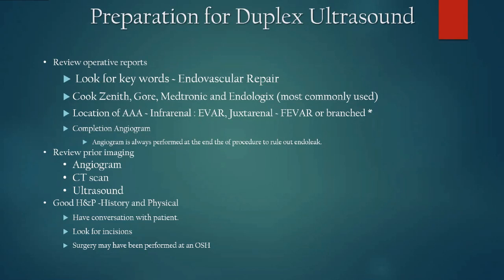So it's helpful to have a good conversation with the patient, look for incisions. Having a good conversation and getting a good history not only builds confidence in the patient that you're comfortable with the study, but also for you that you're going to be able to execute it.